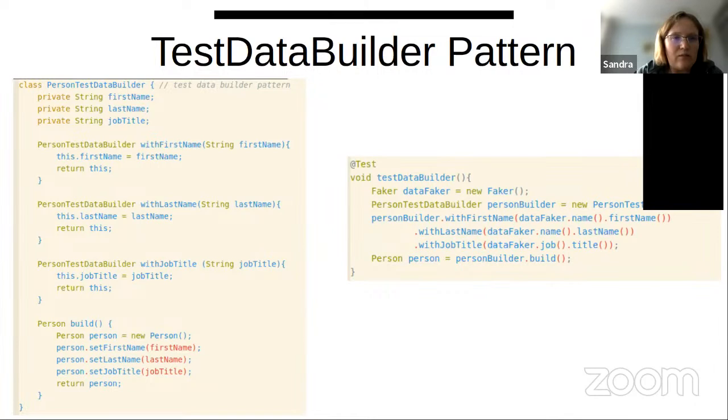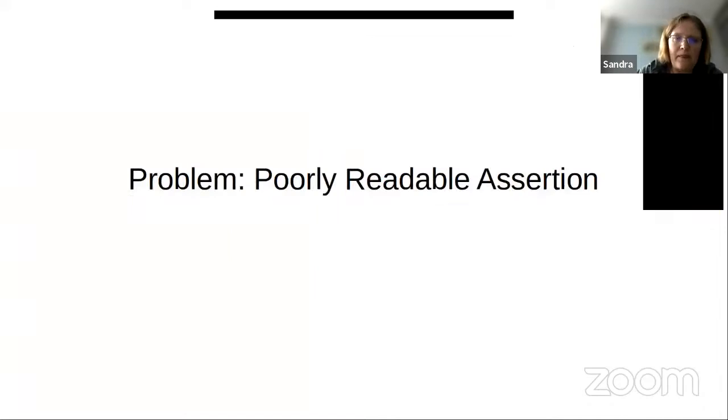I can write a class that is the builder, so I have the possibilities, like with a Java DSL, to build a person object with the builder. I can combine these two patterns. So maybe I have an ObjectMother pattern that gives me a default person and combine it with the builder, so that I can make some changes when I need it.